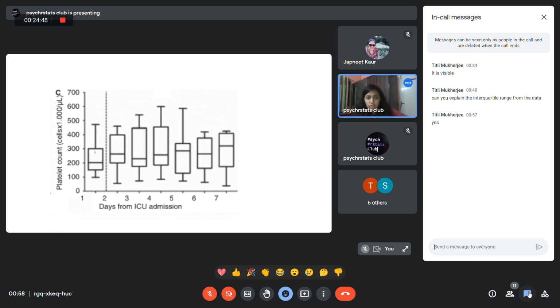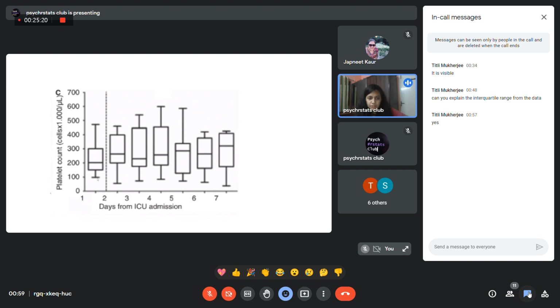In the papers, you would usually just mention the upper and lower values. So this is the interquartile range represented by the rectangle in the box plot. This line in the middle is the median value, and the median value is also the 50th percentile.